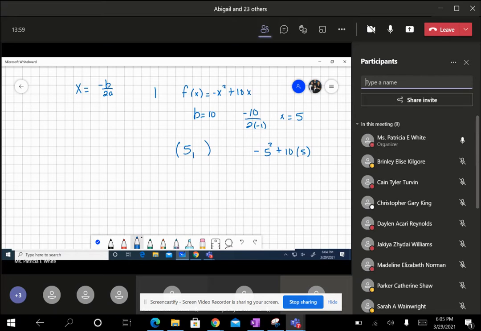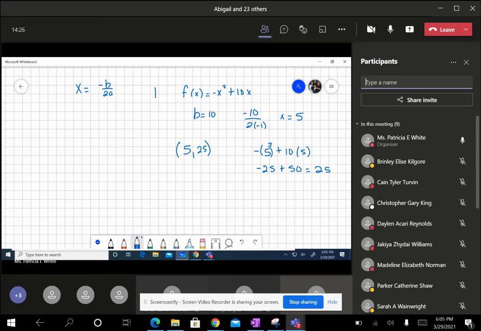Because this is outside of that parentheses, it's going to stay a negative 25 plus 50. So that gives me 25, right? And that answers a lot of questions right there.